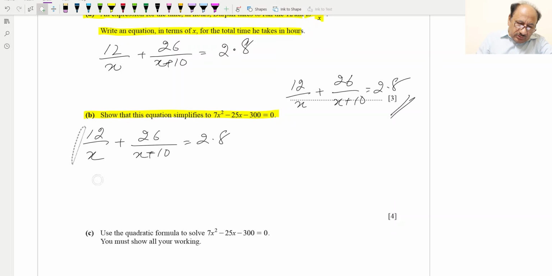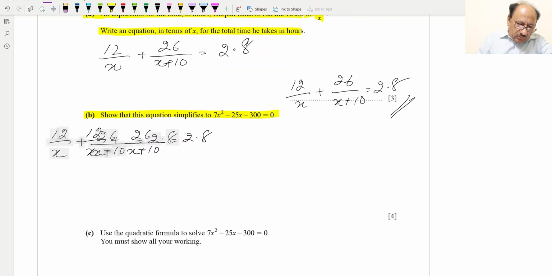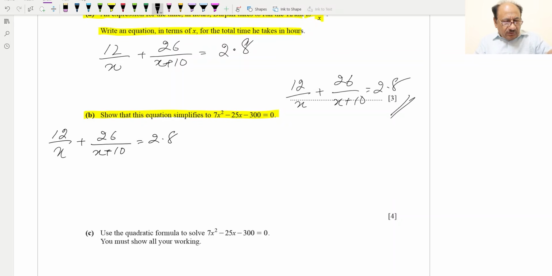I will just reduce the size because we do not have a lot of space, so I will use the space economically. So to get rid of these denominators, we will multiply everything by x and x plus 10.